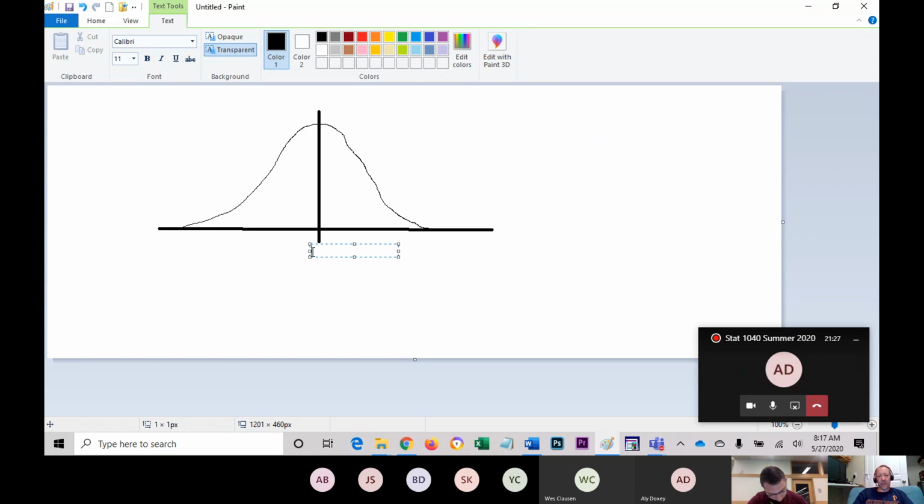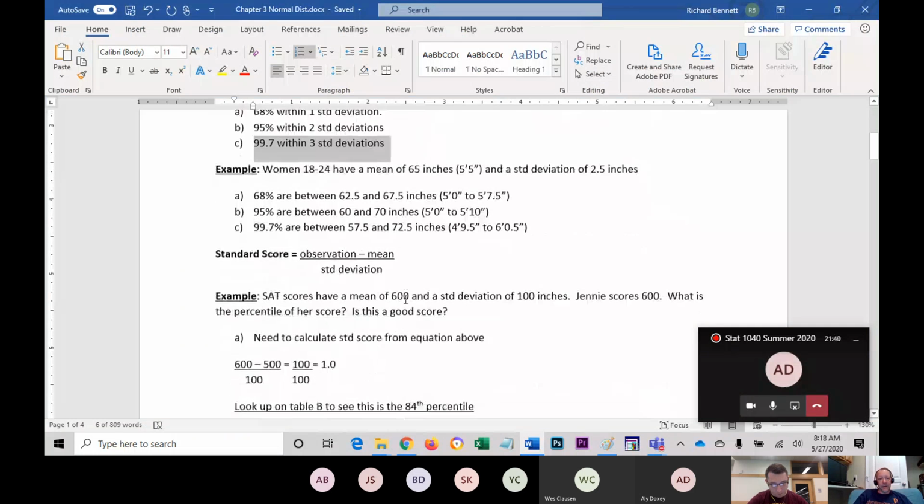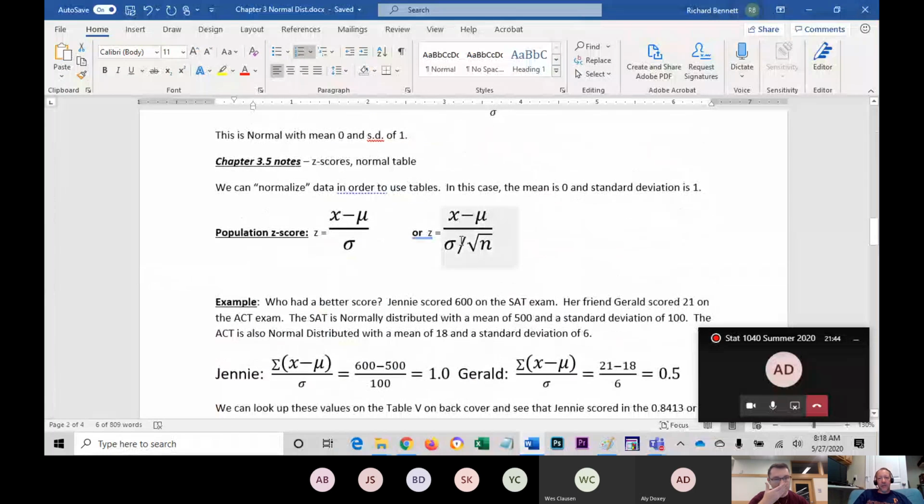Oh, you know what? I'm going to put MU because I don't draw Greek very well. I'm going to be showing you this formula here shortly, in fact. So actually, we'll talk about both of these formulas.